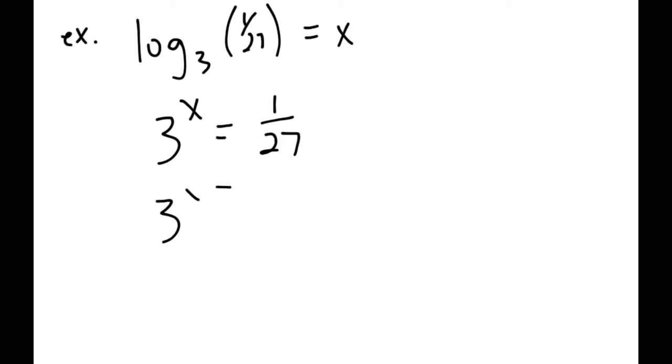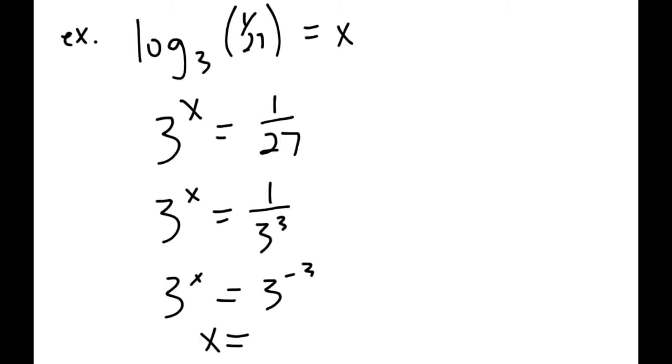To make it faster, let's make the bases the same again. So 3 to the x equals 1 over 27, which is the same thing as 1 over 3 to the power of 3. 3 times 3 is 9, times 3 again is 27. And remember the rule that if it's a fraction, you can write that as 3 to the negative 3. So from that we know that x has to equal negative 3. And we're done.